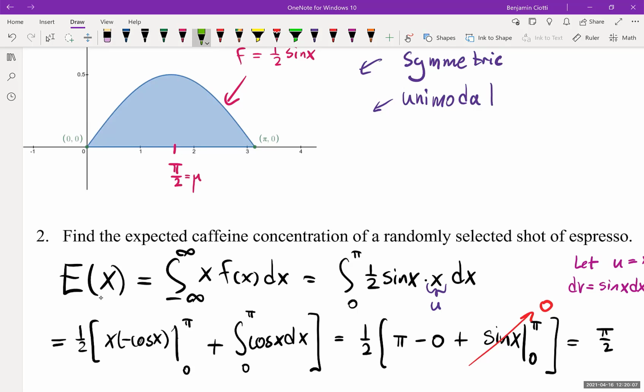So let's see, it was about 0.68. So that goes about this distance on either side. Any questions so far?